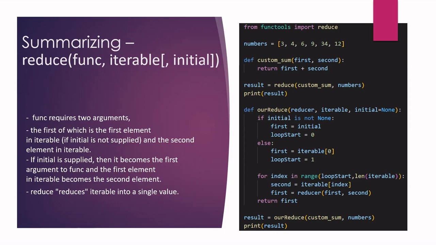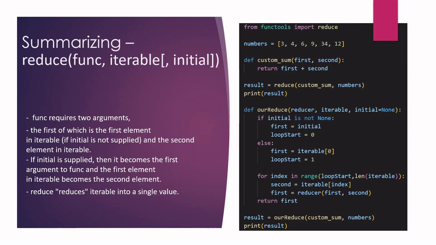Okay, so typically we send the 0 when we are trying to sum. So the initial variable was 0, so the first initially was 0. So at the first iteration, we have first equal to 0, second equal to the first element in the list. Now send first and second to the function. What returns is 5.